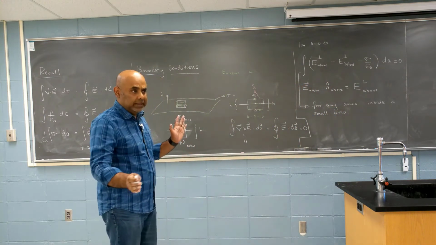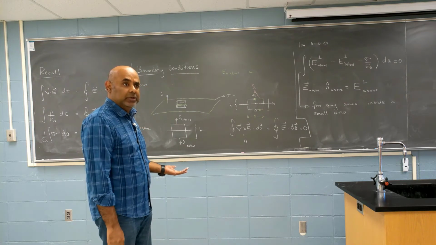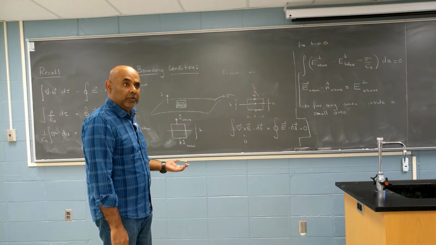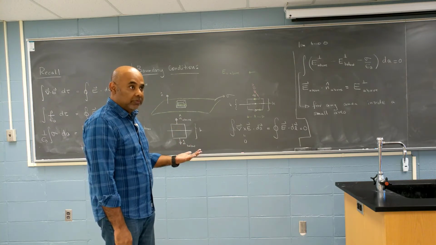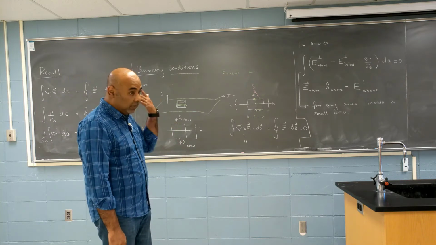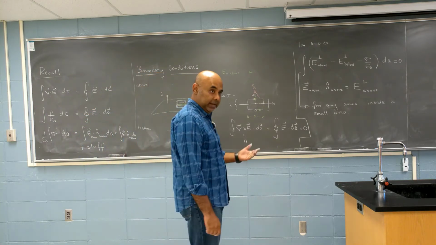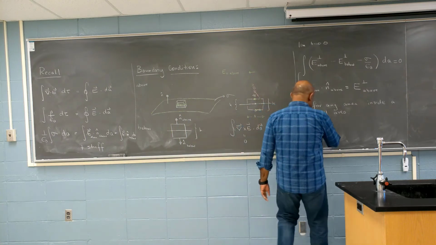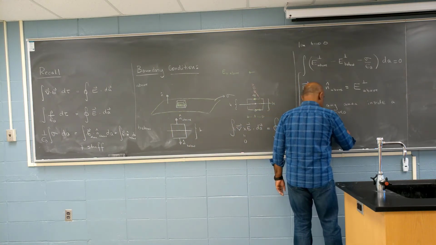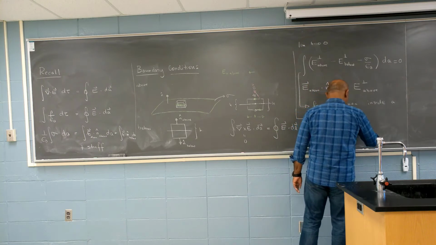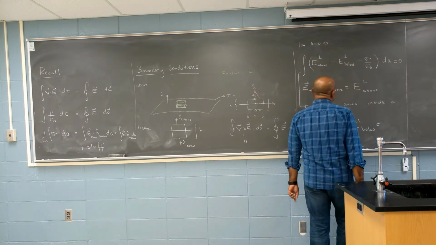But it's true for any area. So the integral is 0 for any area that is chosen, as we have shown rigorously very early on. The only way that can happen is if the integrand vanishes, and then we get the discontinuity that Ashik was not quite convinced would happen, but it does.